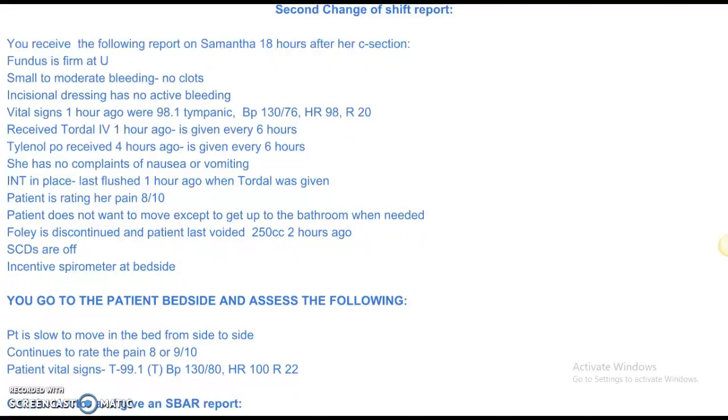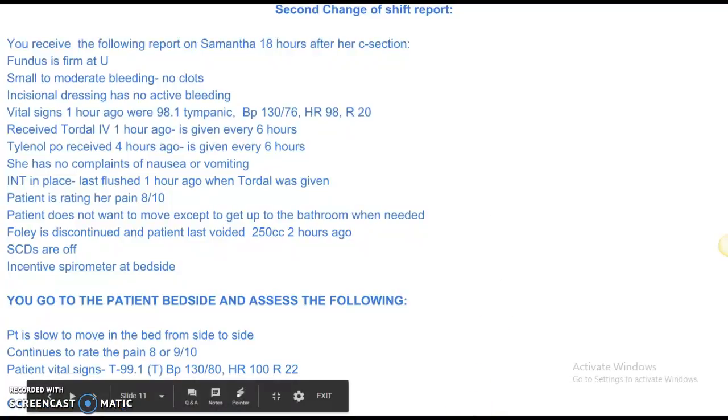Then they assessed the patient, and then again gave an SBAR report to the doctor. And while the next 2 students were doing the role play or simulation scenario, all the other students were critiquing and evaluating things that they may have missed, things that they did well, as a way of, again, helping them learn and pick up things that were done correctly and incorrectly.